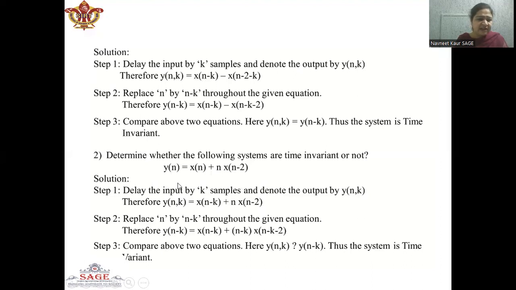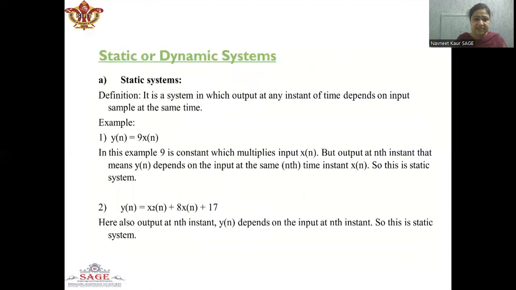Now, if I give x(n) to our system, I'll get y(n) like this. But if I delay y(n) by k units, wherever there is n, here it will be n-k. So I'll get this as y(n-k). Now, if I compare these two, it is obvious that these two outputs are not equal. That means system is not time invariant, whereas the system is a time variant system.